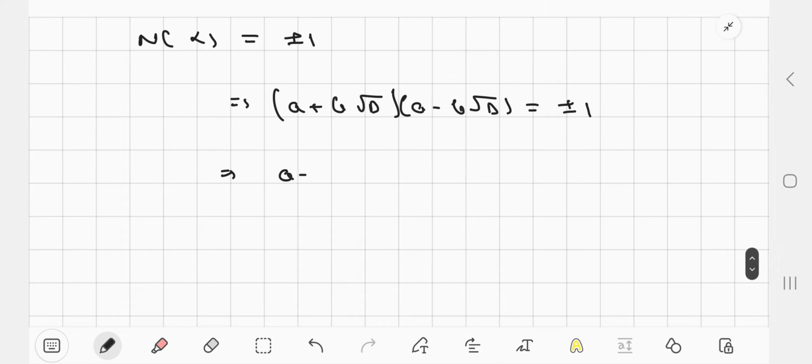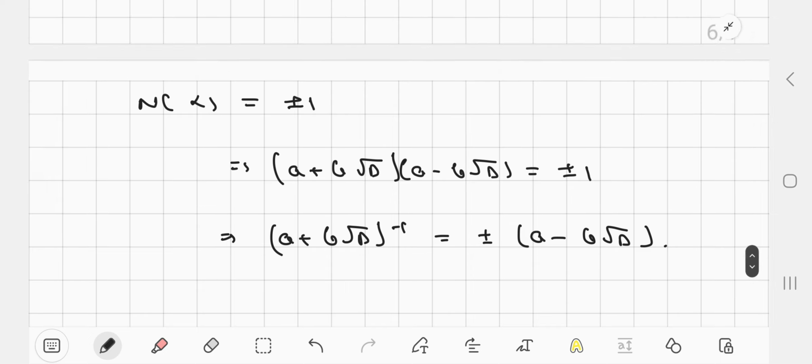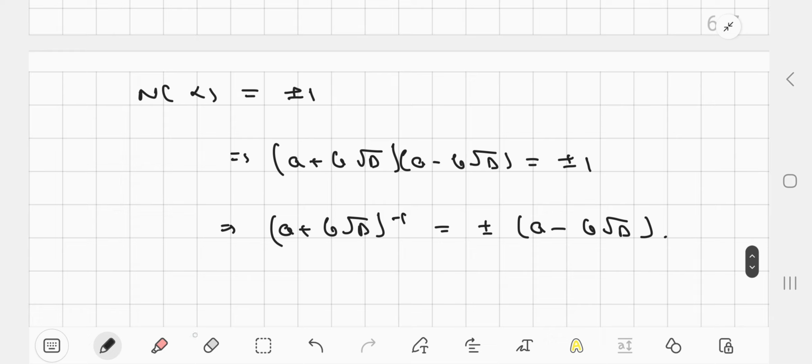But this implies that I can define the inverse of a plus b root d to be simply plus or minus (a minus b root d). I am talking about an arbitrary element of theta, so I simply replace this with omega.